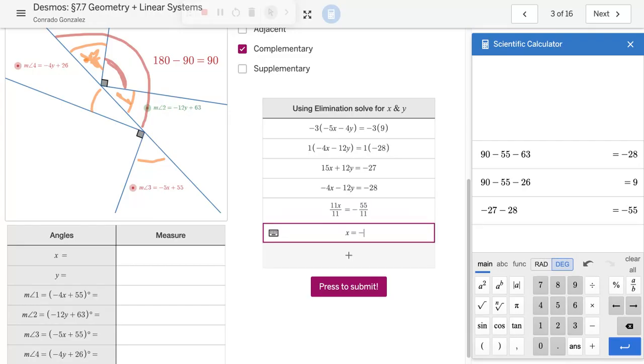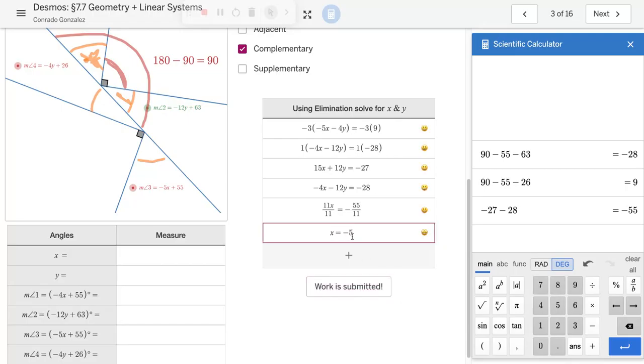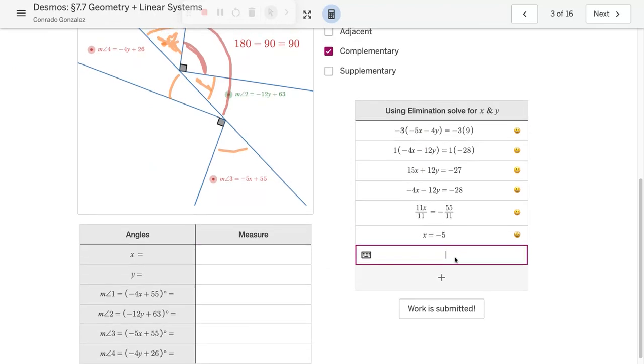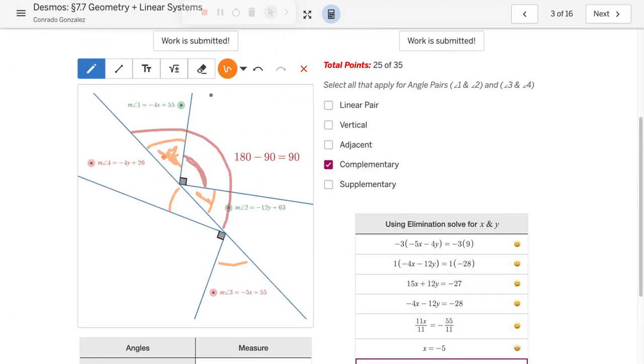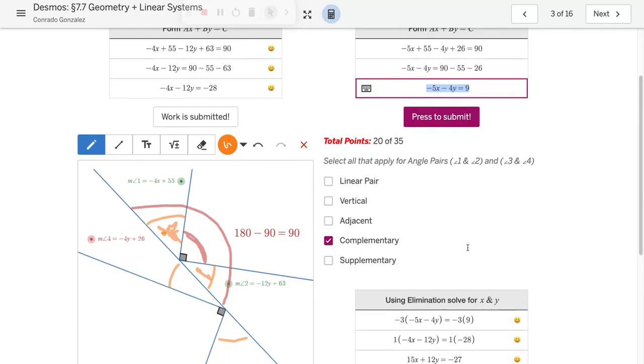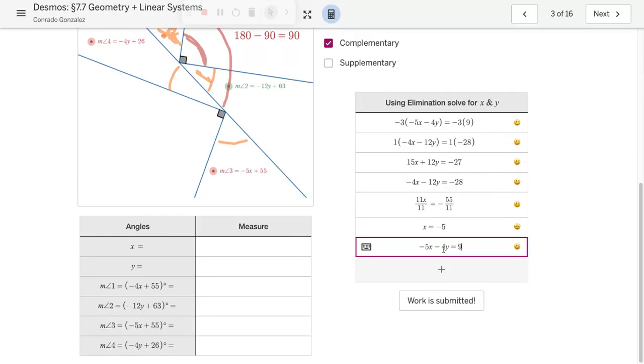X is equal to negative 5. Now I have to go back and solve for y. I can use either one of these equations. I'm going to use this one and solve for y. Now that I know what x is, I erase x and put parentheses there and put a negative 5.